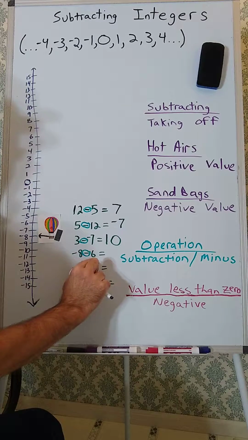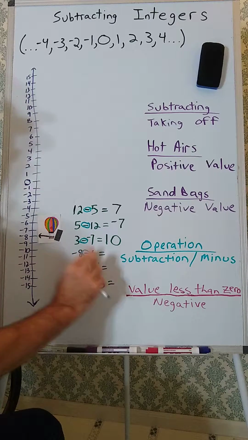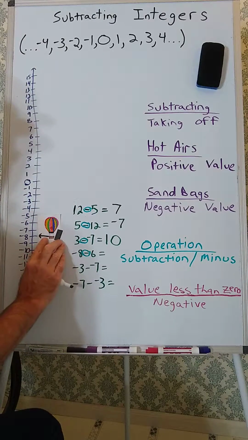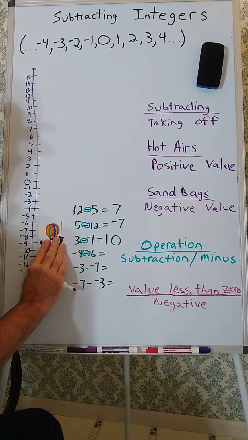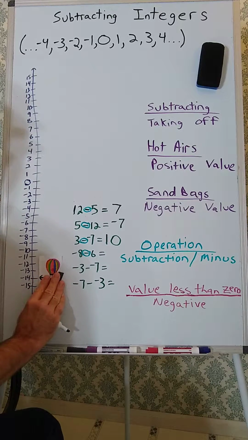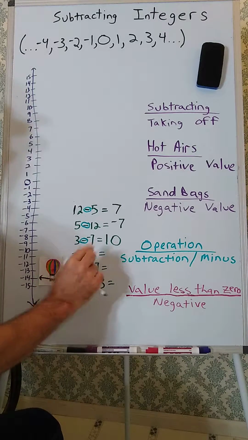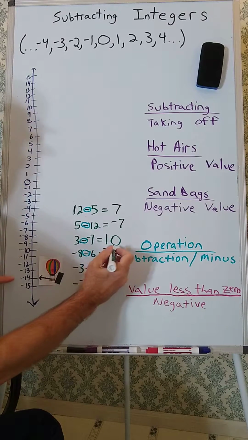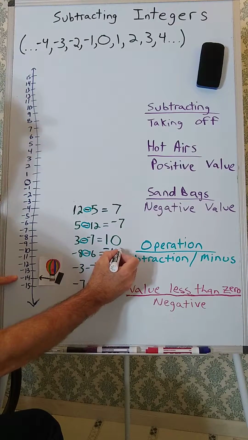We're taking off 6 hot airs, and the balloon is going to go down because it needs hot air to go up. So if you take it away, it's going to descend. So it's going to go down 6. 1, 2, 3, 4, 5, 6. So negative 8 minus 6 is negative 14.